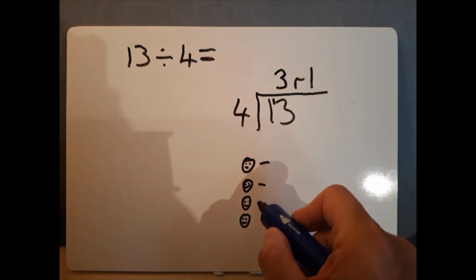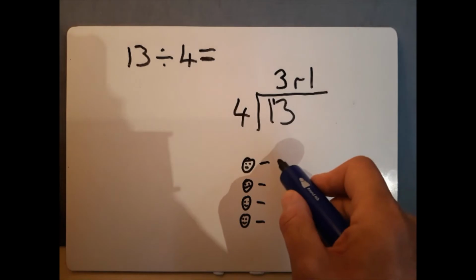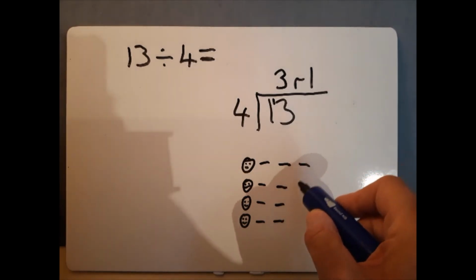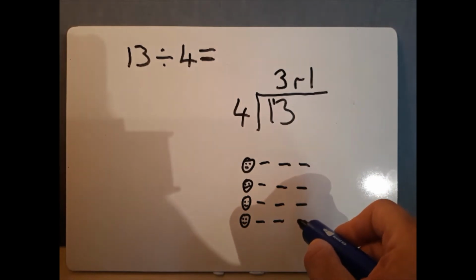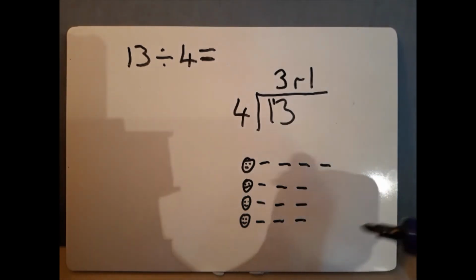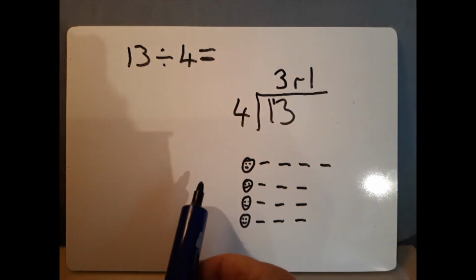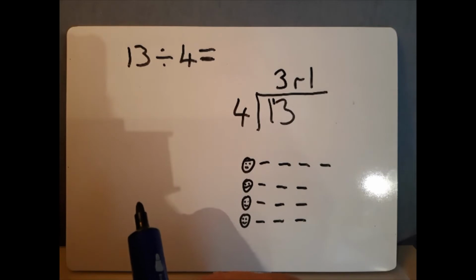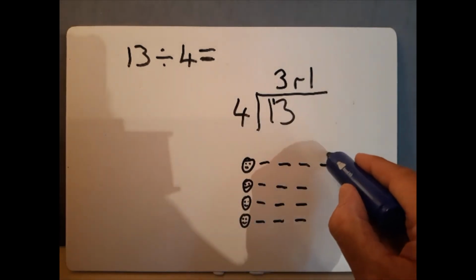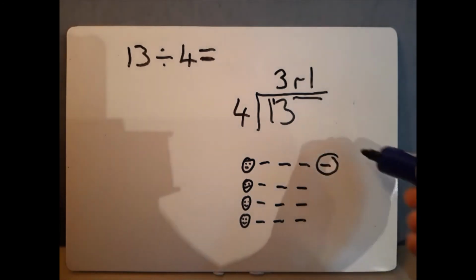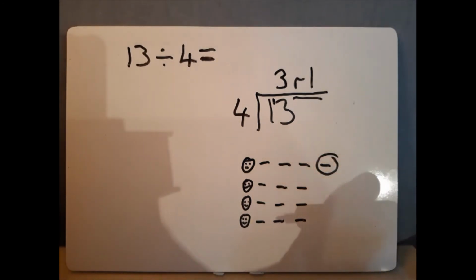1, 2, 3, 4, 5, 6, 7, 8, 9, 10, 11, 12, 13. So if I share them out, one of my friends will get 1 extra. So that's not really a fair share. So what I'm going to do, this is our remainder 1. So this one here, I'll keep for myself.